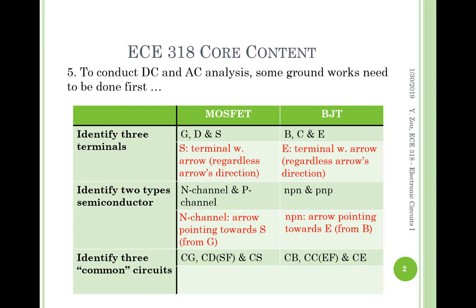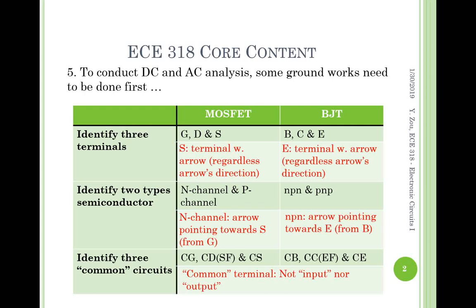The third identification to be done is the identification of the circuit topology. It might not matter a lot to the circuit analysis. However, it is very important to amplifier circuit design, because different topologies, with different common terminals, have different features of input and output impedances. So it is very important for system design. Here is how to identify them. For both MOSFET and BJT circuits, the common terminal is very simple: it is neither input nor output.